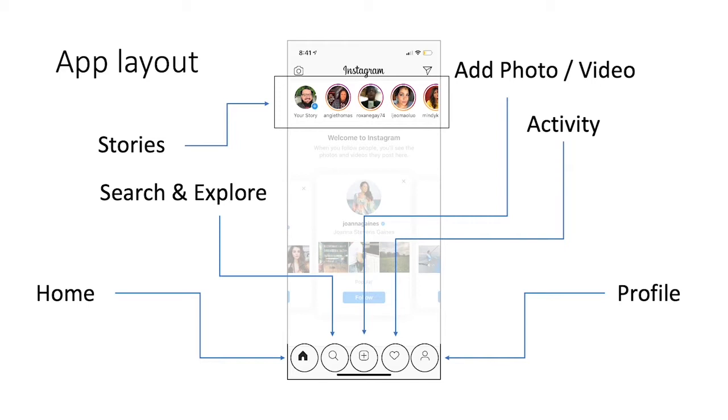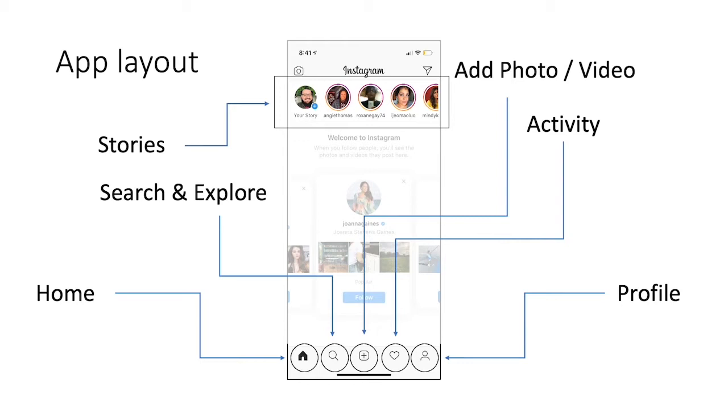As you're using it, following, liking photos and videos, it will start to become tailored to your interests. So if you search for a lot of meal prep or work on ceramics or fashion, anything like that, you will see that the search and explore will show more relevant content with regards to that subject.